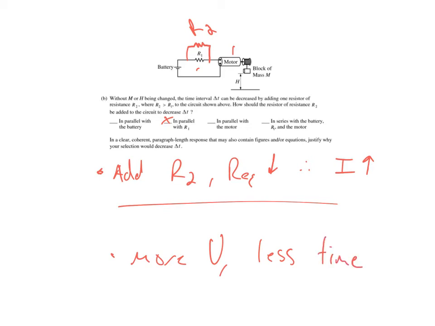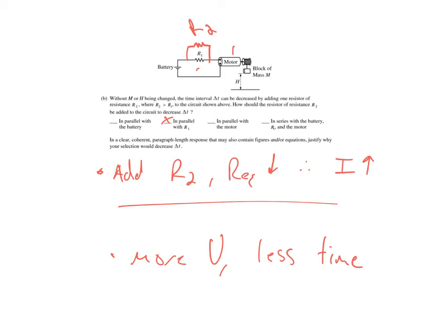So we need to say something about, by adding R2 in parallel, the equivalent resistance of the circuit goes down, which will cause the current going through the circuit to go up, which will allow for a larger voltage drop across the motor, which will allow it to raise the block in less time. And putting that into words, which is kind of what I did, but a little fragmented, is everything we need to do.